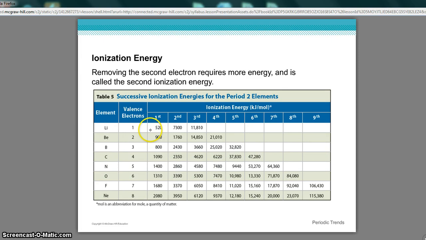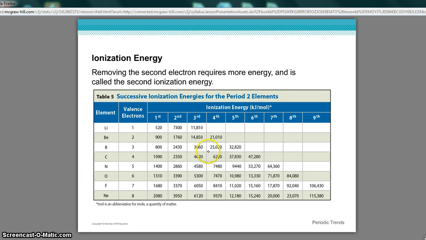So as you can see, the number of valence electrons tells us a lot about the first, second, third, fourth ionization energy. So for example, boron has 3 valence electrons. The energy to remove the first one is relatively small, gets a little bigger for the second, gets bigger for the third, but then there's a huge jump from the third to the fourth ionization energy.